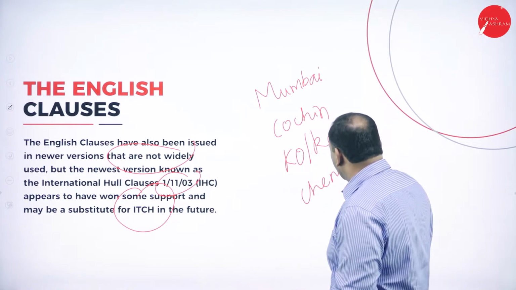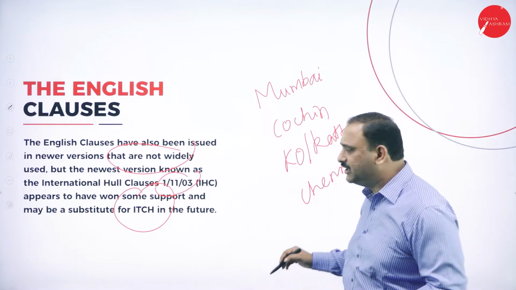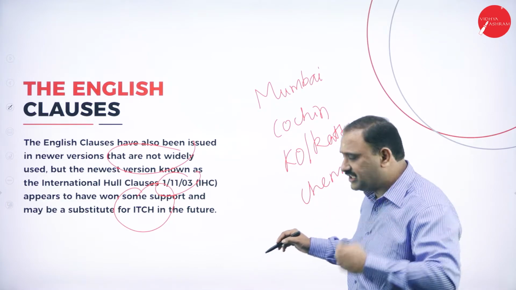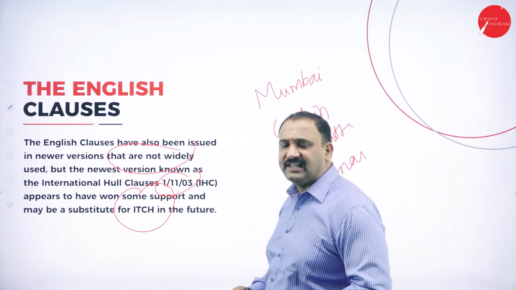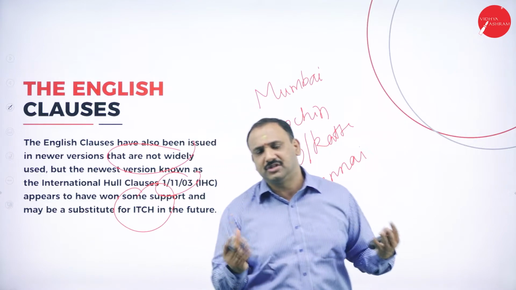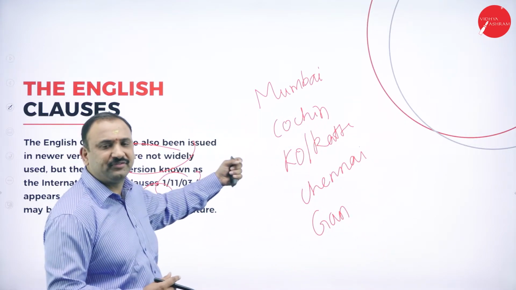Then there is also the Gandhinagar port to be considered. Now, these are some of the areas, like the Gujarat ports, where we have the majority of the trading business.